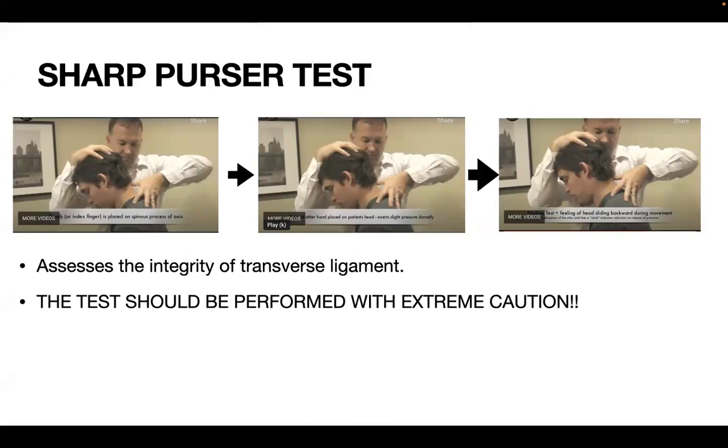Then, in the second image, he gives dorsal pressure on the head and exerts pressure posteriorly. A positive test is a feeling of the head sliding backwards during the movement. This test assesses the integrity of the transverse ligament. This test should be performed with extreme caution.